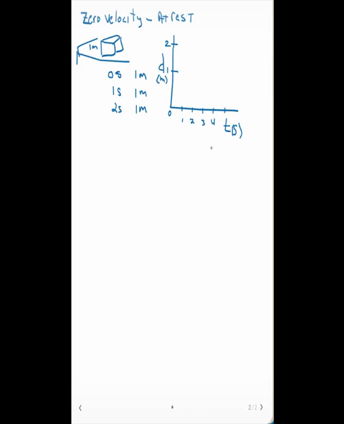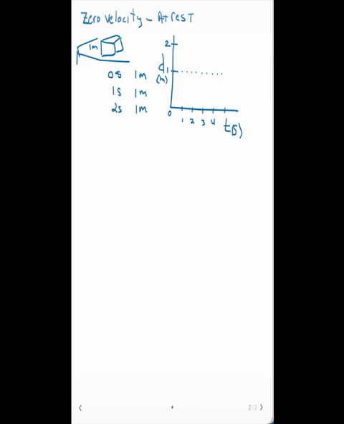Now when we plot this, at 1 second it's going to be 1 meter away from the edge. At 2 seconds it's 1 meter away. At 3 seconds, at 4 seconds, at 5 seconds, and in fact at 1.5 seconds it was 1 meter from the edge. At 2.5, at 3.5, etc.